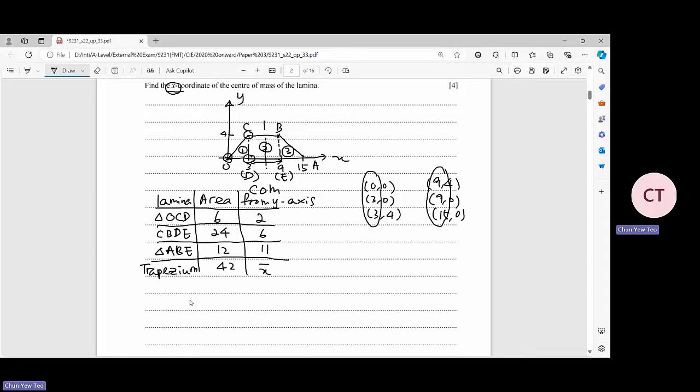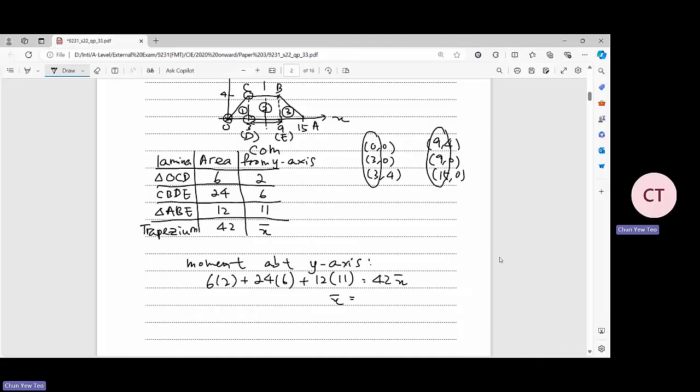So now to find x bar, just take the moment about the y-axis, and you will get 6 times 2 plus 24 times 6 plus 12 times 11 equals 42 multiplied by x bar. So for x bar, you can just use your calculator.